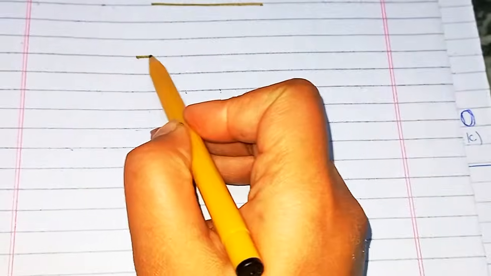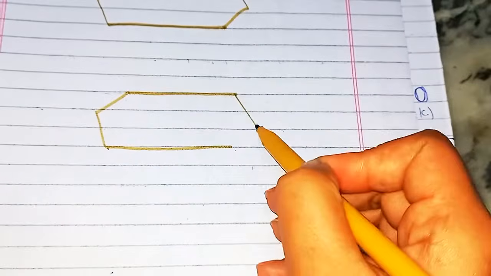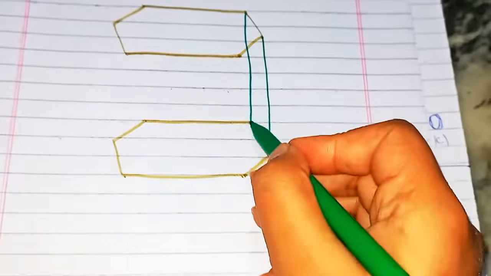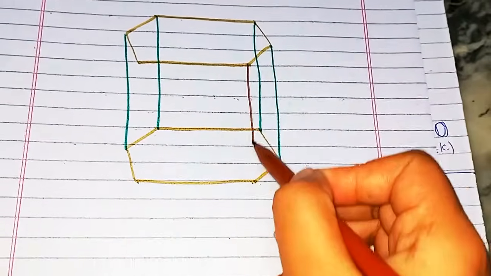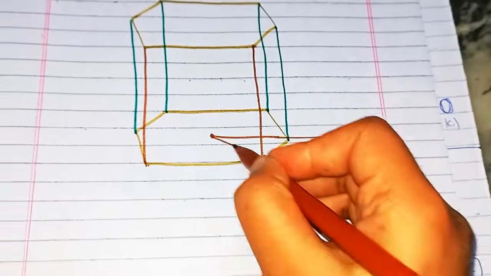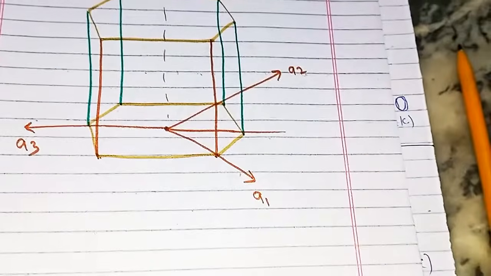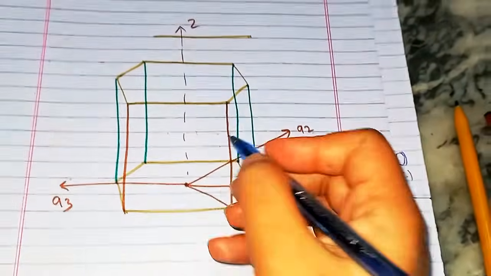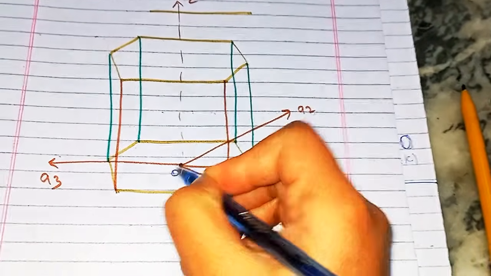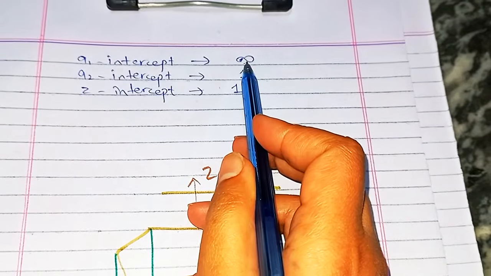Let's draw the HCP unit cell. Since all of them are positive, we don't need the negative directions. And this is the origin. We'll deal with the infinity at the end.